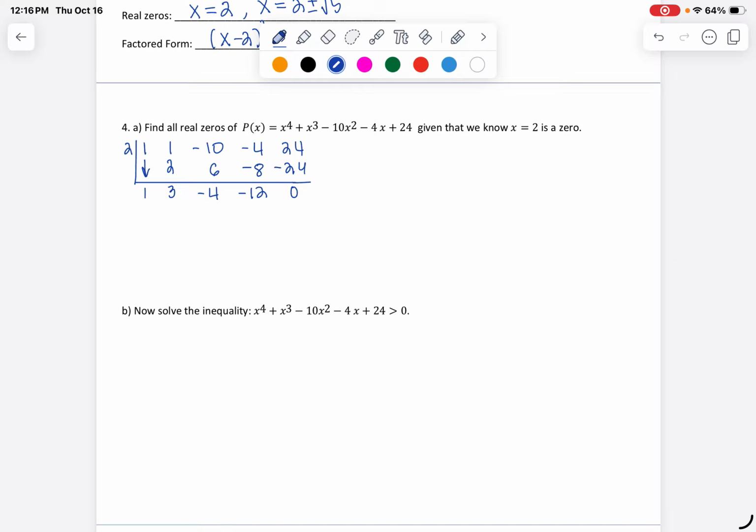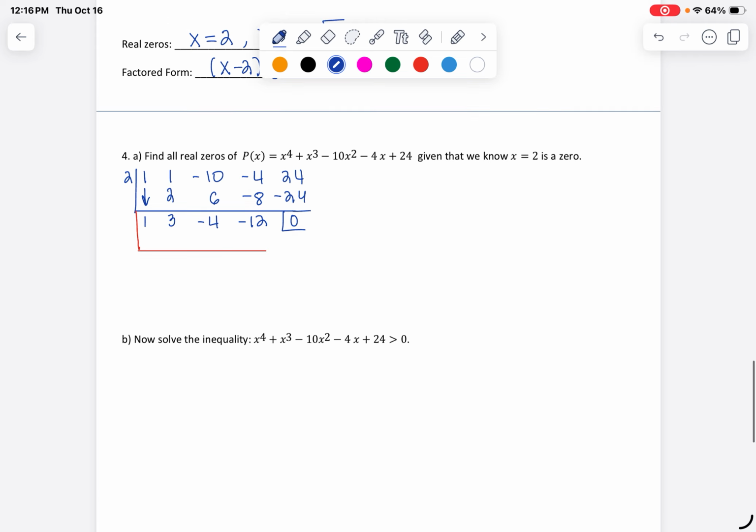Okay, so now I know one of my solutions is 2, but they already gave me that. I'm not going to repeat it. Find all the real zeros given that we know x equals 2 is a 0. So I don't have to list that one. So find the others. And on your test, it'll say find the other zeros. So I'm not going to list 2 again. Okay. All right, so now I'm going to continue off of this, and I need to try other zeros, but I don't have a list. So what I want to do is generate a list.